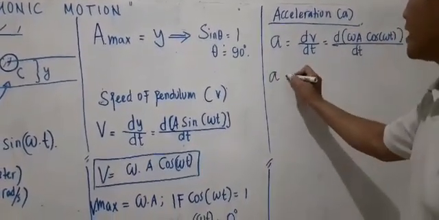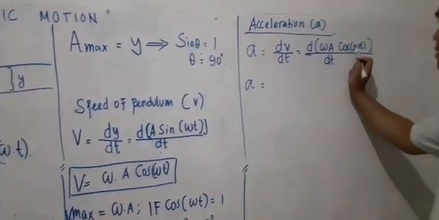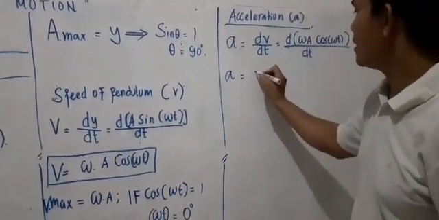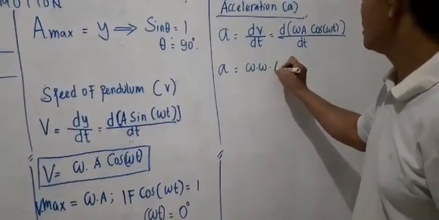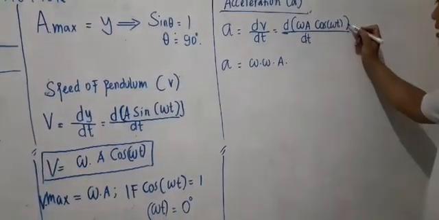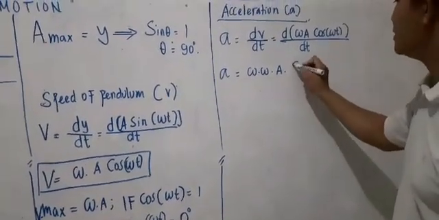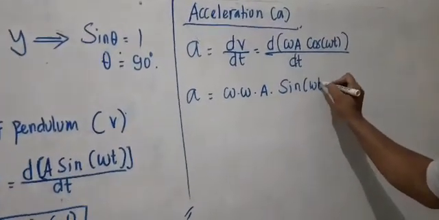Omega times A stays, and the differential of cos omega t is minus sin omega t.